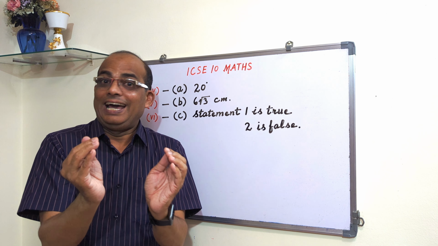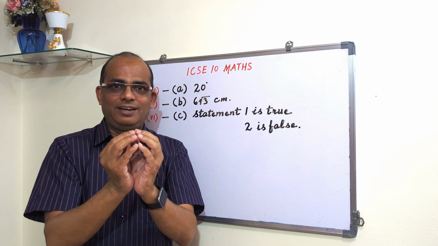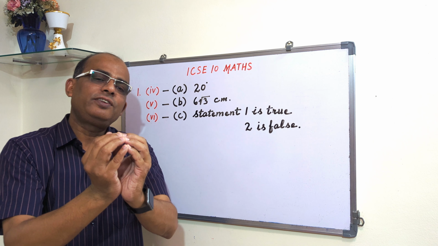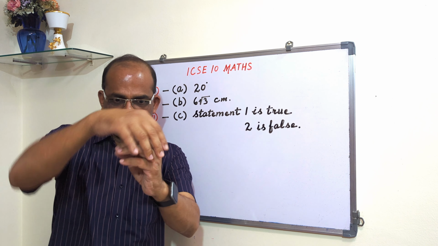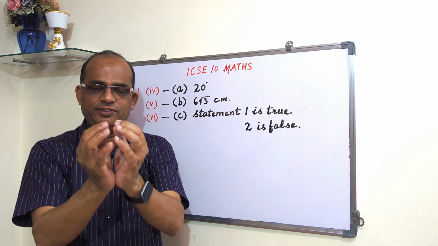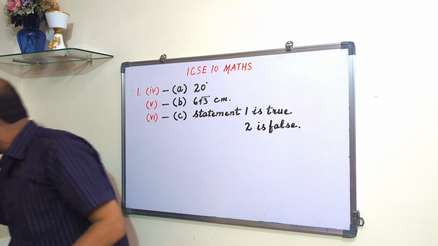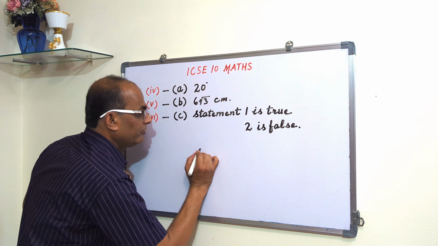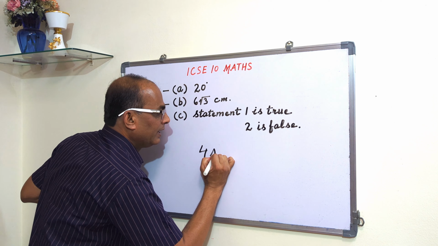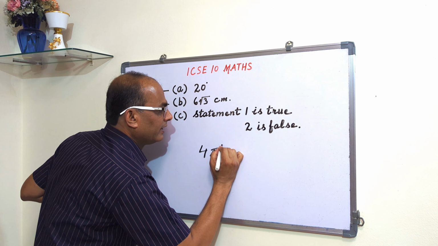But as far as the surface area is concerned, when it is not cut, when it is whole, the total surface area is 4 pi r square. The surface area of a sphere is 4 pi r square.